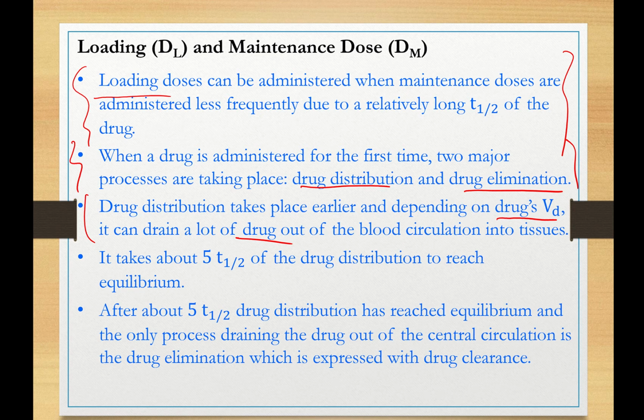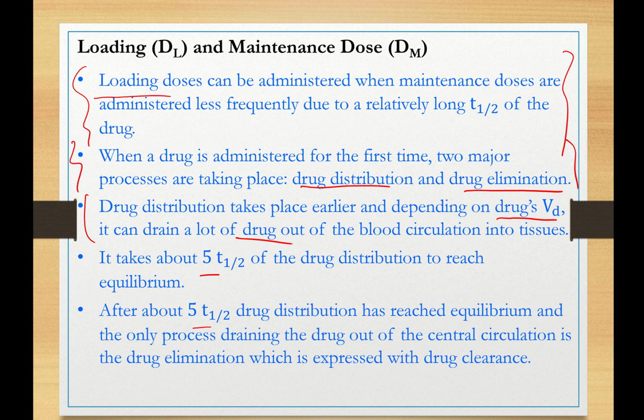That's why we are giving a loading dose, such that we saturate the organ tissues much faster, so that we can reach therapeutic plasma drug concentrations earlier into therapy, okay? It takes about 5 half-lives of the drug distribution to reach equilibrium.